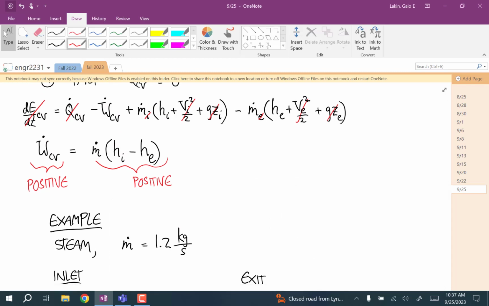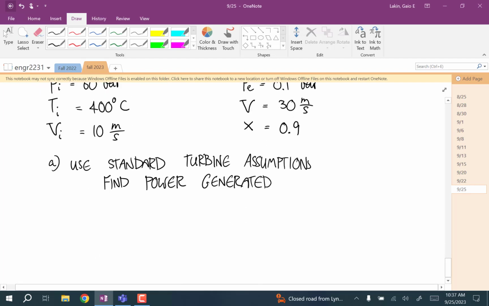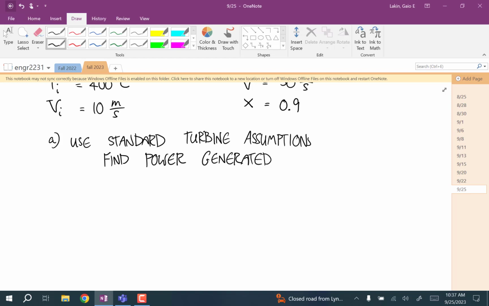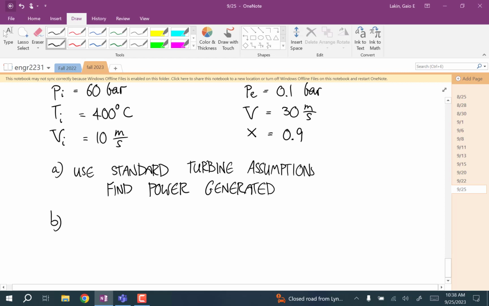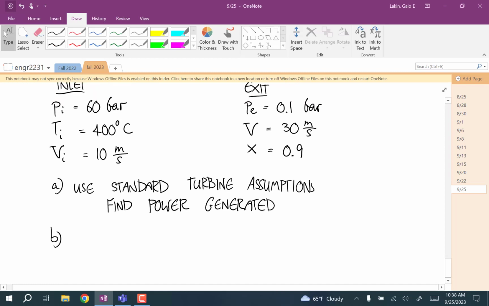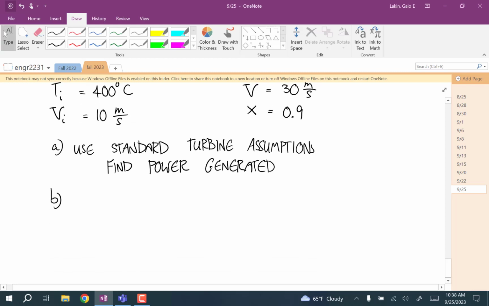And that's what this is. Work dot is the power. Second, we're going to calculate the error that we got in assuming that kinetic energy is balanced, because we're given speeds at both cases. So we can actually calculate that kinetic energy difference.